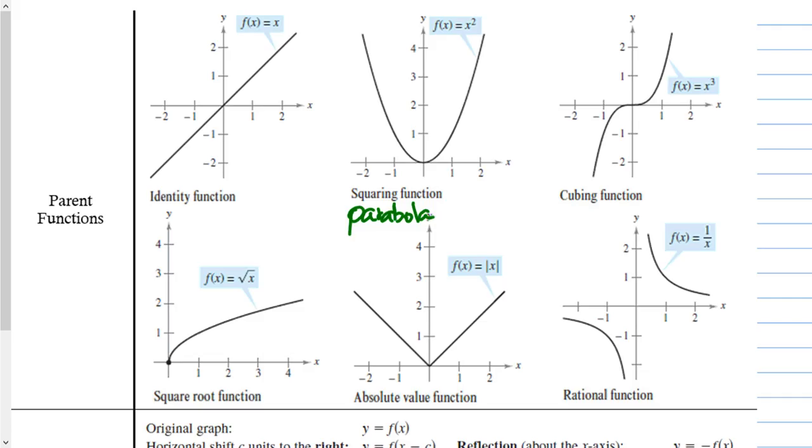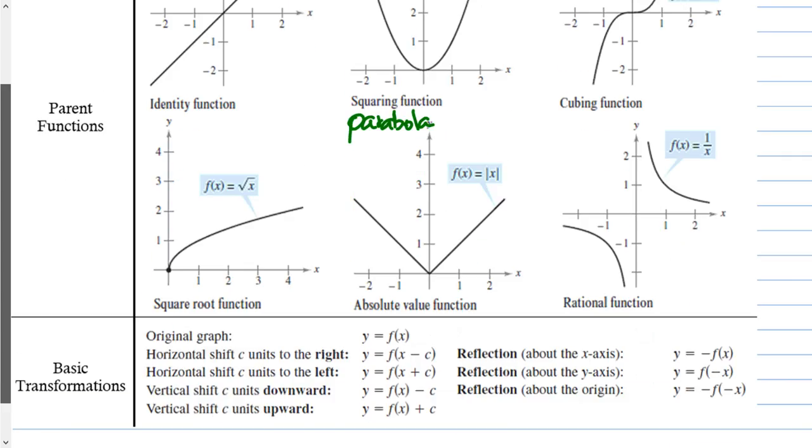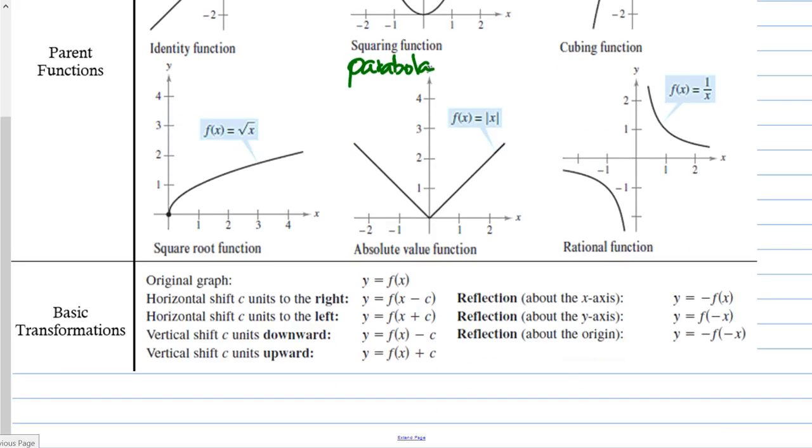The cubing function, or a cubic, the square root function, the rational function, and the most simple of the parent functions, the identity function, which is just y is equal to x. So if x is 1, y is 1. If x is 3, y is 3, etc. There will be more functions that you are supposed to know, but here's just some to refresh your memory. And then the basic transformations of any graph.